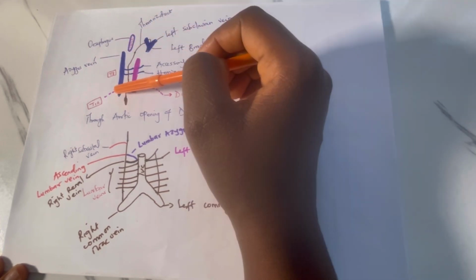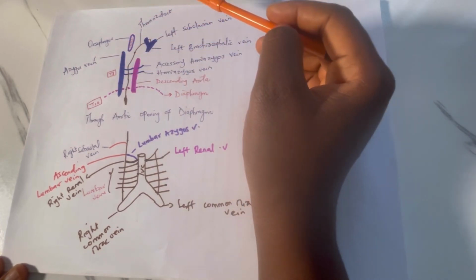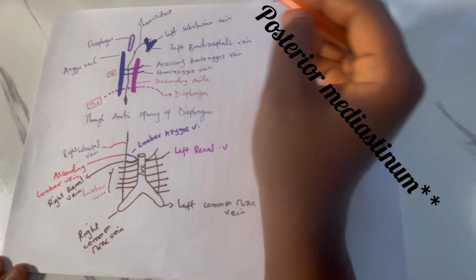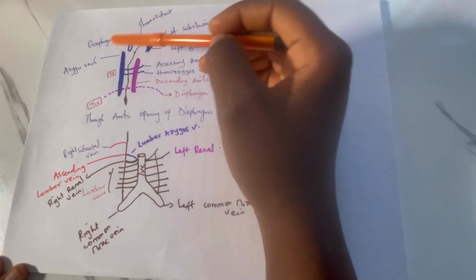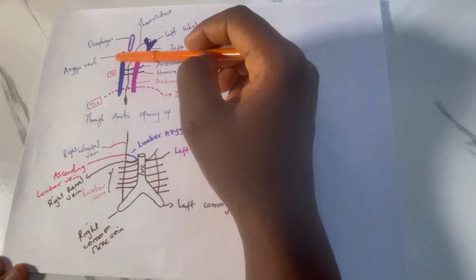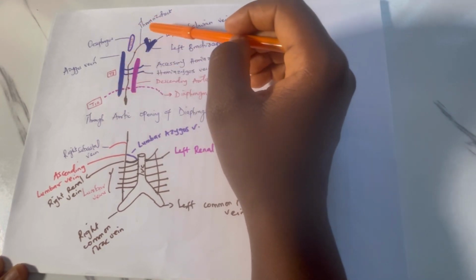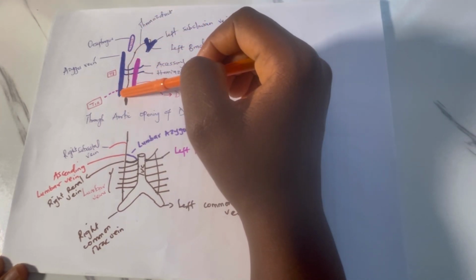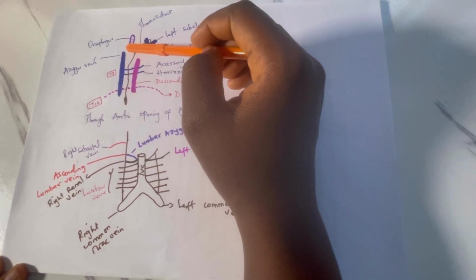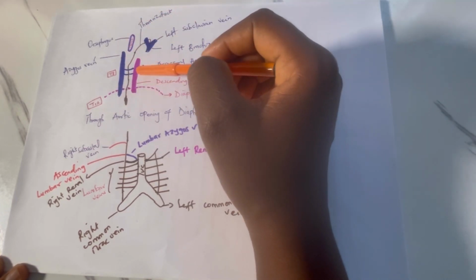Now, if you observe, all the relations of the azygos vein are contents of the posterior mediastinum, which are the esophagus, the lower 8 thoracic vertebrae, the right posterior intercostal arteries, the right lung, the pleura, the greater splanchnic nerve, the thoracic duct seen at the lower part, and the trachea, the esophagus, the vagus in the upper part, and then the descending aorta as well.